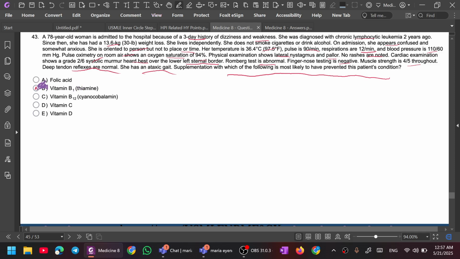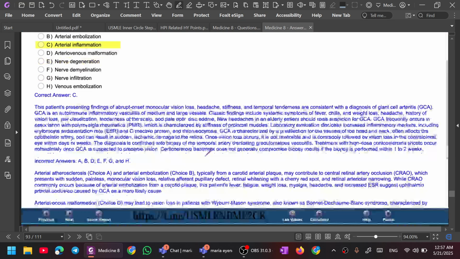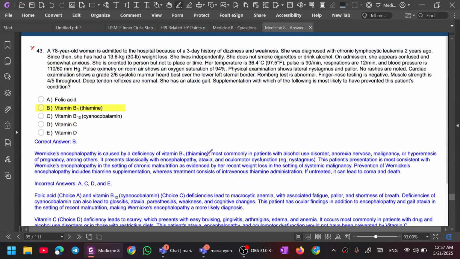Wait, you're right. It may be because vitamin B1 is the Wernicke, which is nystagmus, ataxia, and what was the other one? Lateral nystagmus, yes, ataxia. Deep tendon reflexes are normal. Why vitamin B12? It's probably B1 because B12 has ataxia too, but Romberg's test is abnormal in this case.